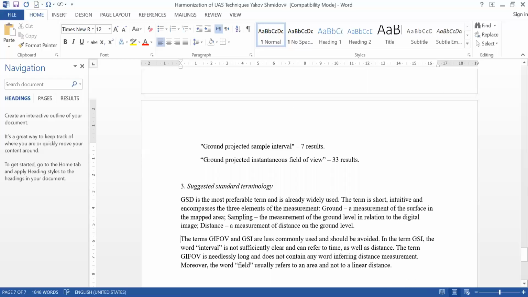He looked only at the last, I think, 5 years or something like that, not going through the history of Google and publications. And ground projected instantaneous field of view is used by 33 authors. In fact, 3 of them refer to the same stuff, but here is the suggested standard terminology.